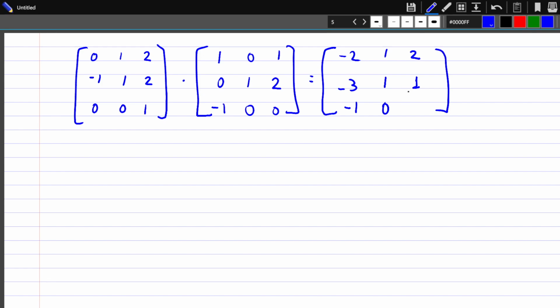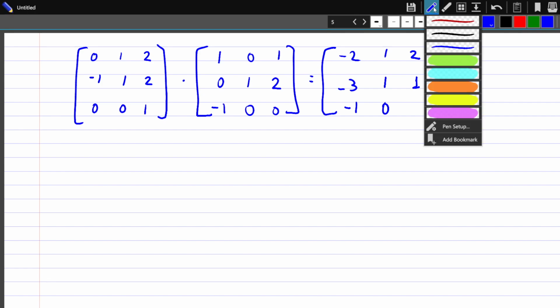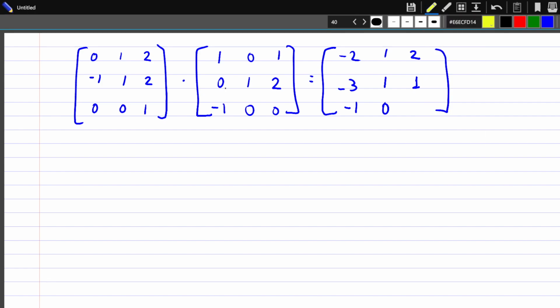And the last one is on the third row, third column. Let me put the colors so that you can see it. Zero times 1 is 0, plus 0 times 2 is 0, so 0 so far, plus 1 times 0 equals 0, so this is the matrix.